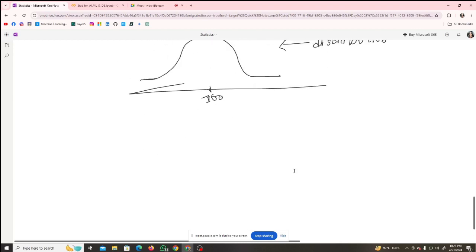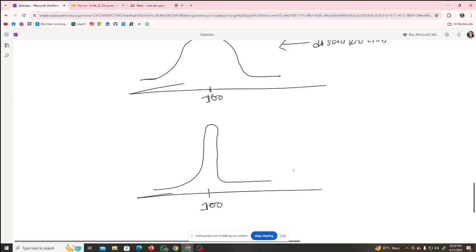Suppose your distribution looks some sort of this, and the mean value is 100. Then this represents that most of your values are concentrated around 100. This represents a very tight distribution.